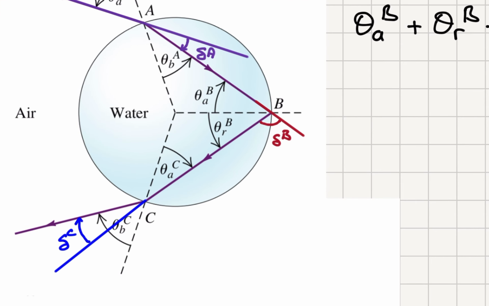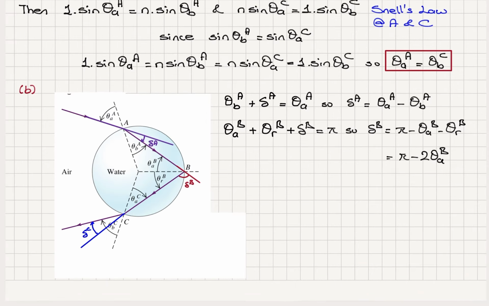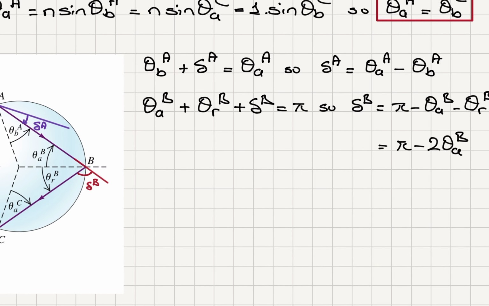Now moving on to point C here, if this ray was not deflected, it would follow this path, but instead it was deflected by an angle delta C here. So you can see that this angle theta sub A at point C plus the deflection adds up to the angle of refraction at point C. So let's write that equation here.